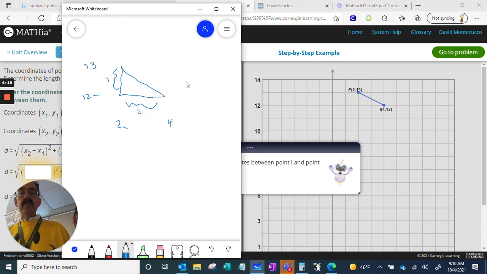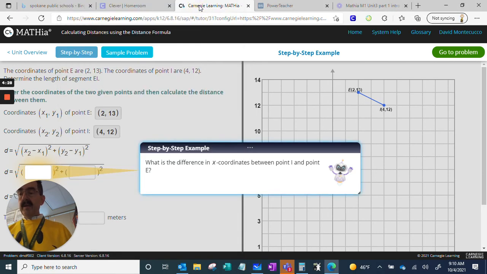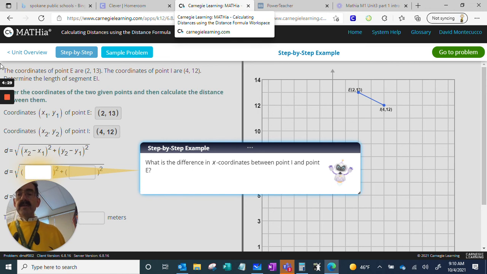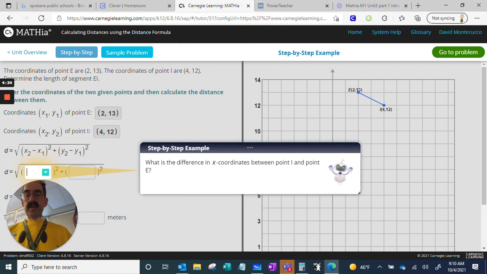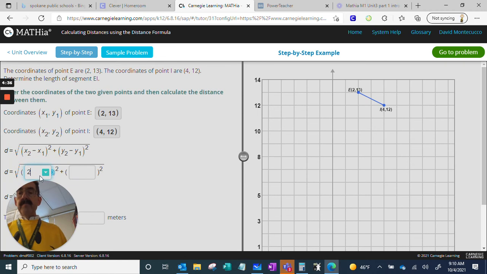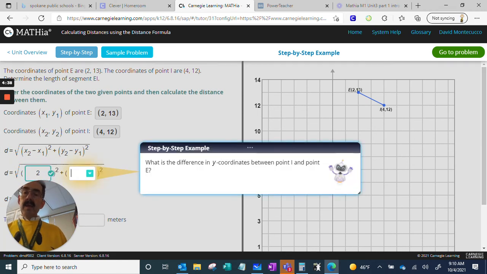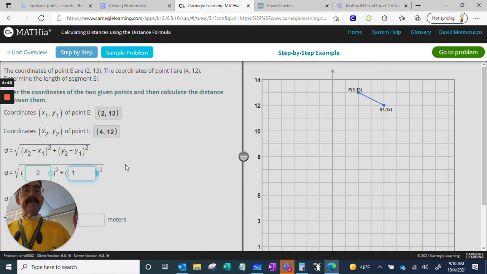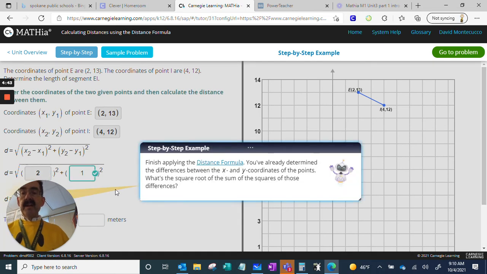So our triangle, the rise over the run, the rise is 1. The run is 2. Okay, so now the run, the x value was 2 units. So we're going to type in 2, enter. And the rise was 1 unit. Okay, from 12 to 13.